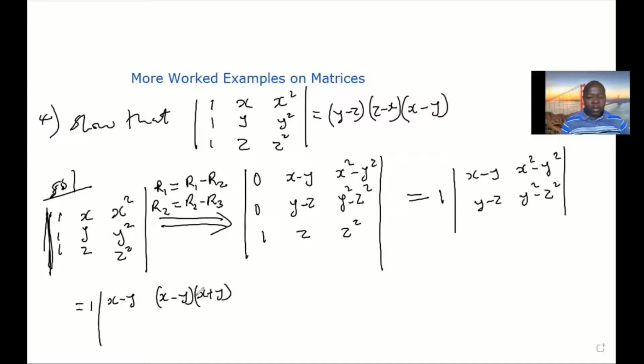Although it's not always the case, let's just do it to make our work easier. It's not always the case for matrices that x square minus y square will give us this. And what about this other part? It will be y minus z, and this one will be y minus z multiplied by y plus z.